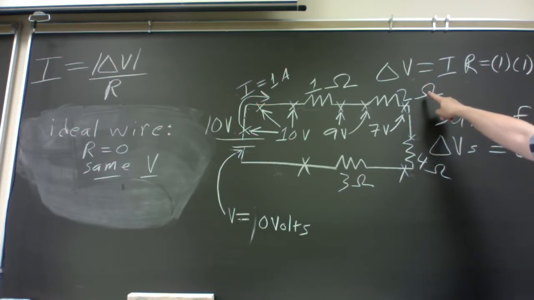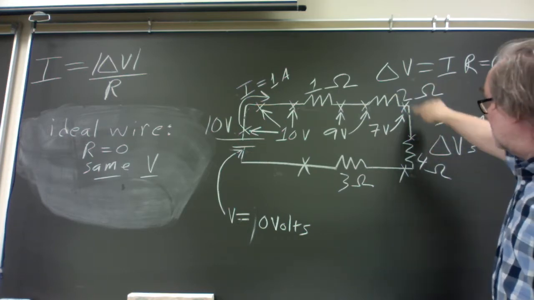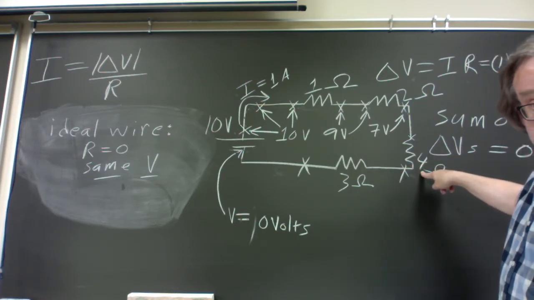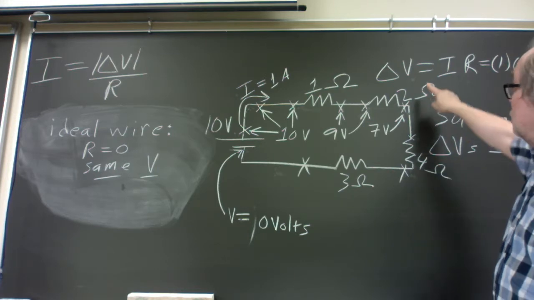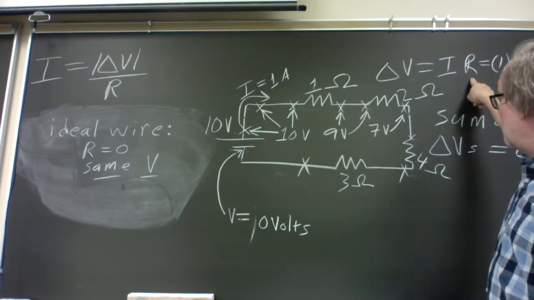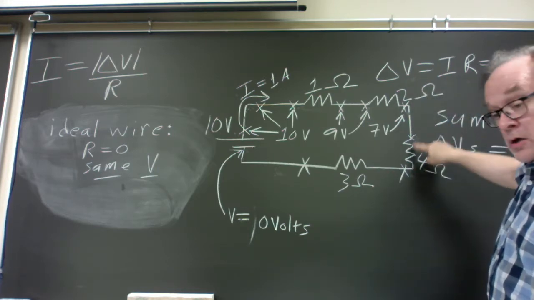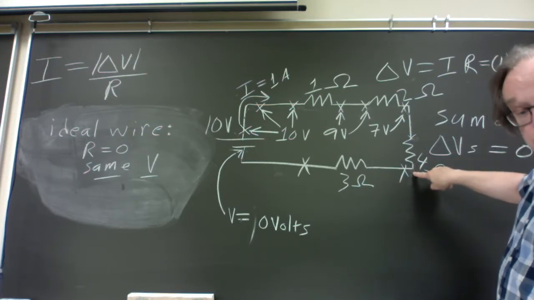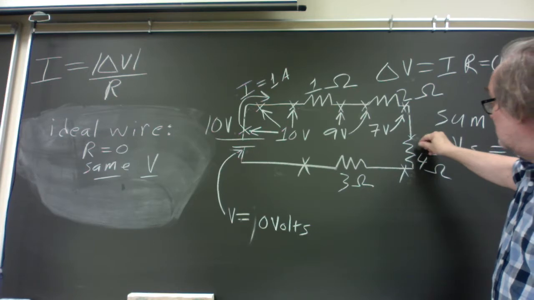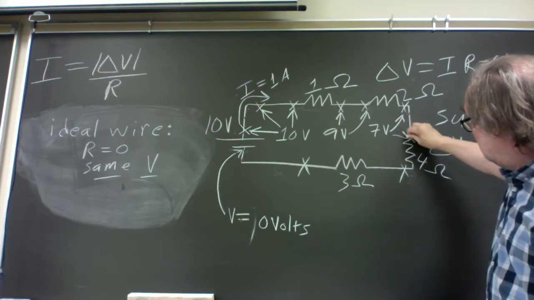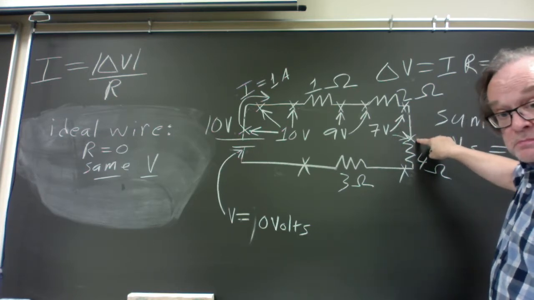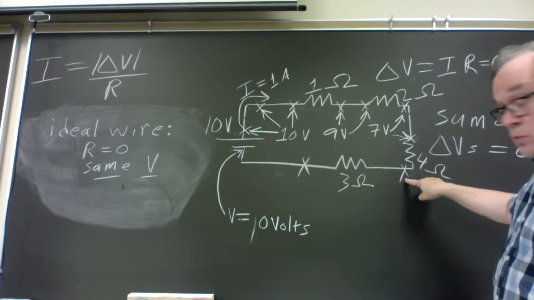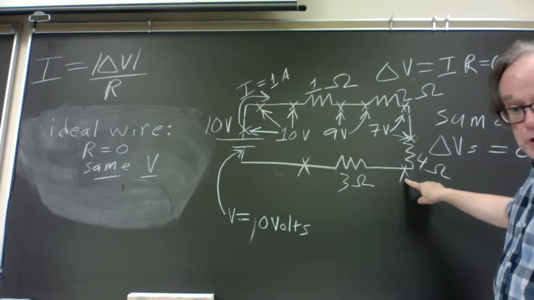Use the same rule. 1 amp of current is passing through, and it's passing through 4 ohms. So the potential difference is 1 times 4, or 4 volts potential difference between these points. So this point here is 4 volts lower than this point. This point here was 7 volts because it was connected by nothing but wire to this point. So this point here, 4 volts lower, must be 3.